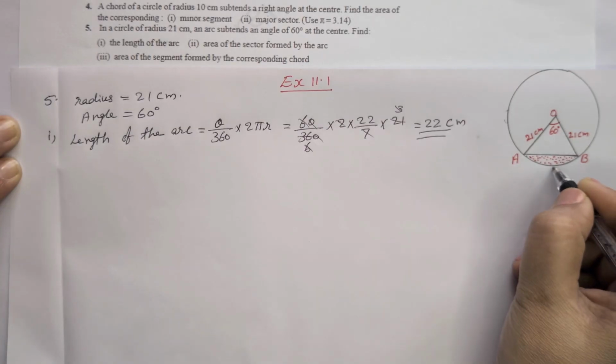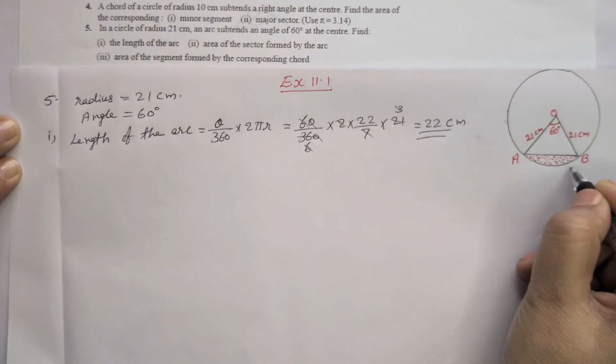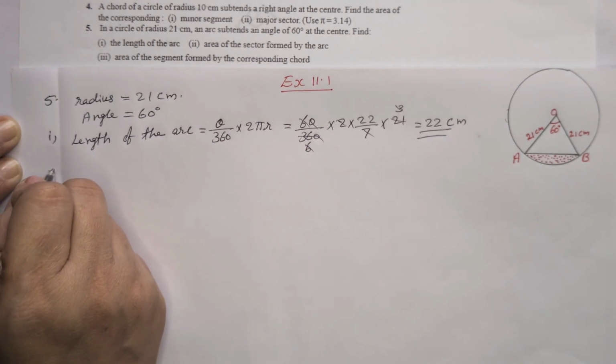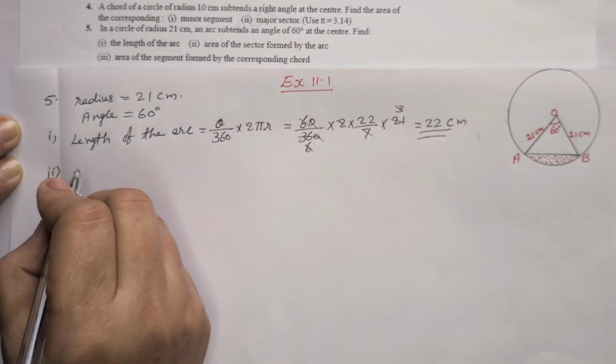This arc from A to B. If you want, we can put another letter, A C B. Now second part, area of the sector.